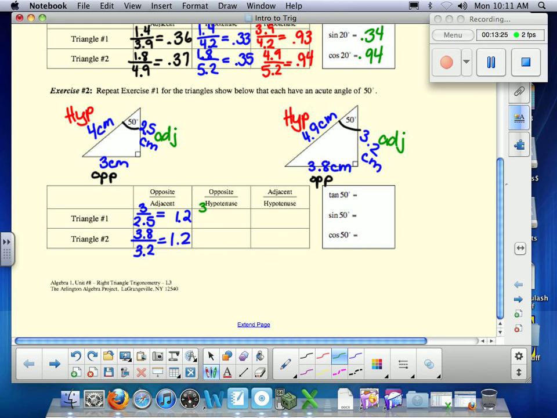Opposite over adjacent. Hopefully everybody knows 3/4. But if you don't, your calculator is what will be helpful here for this division. And then opposite, or excuse me, adjacent over hypotenuse.